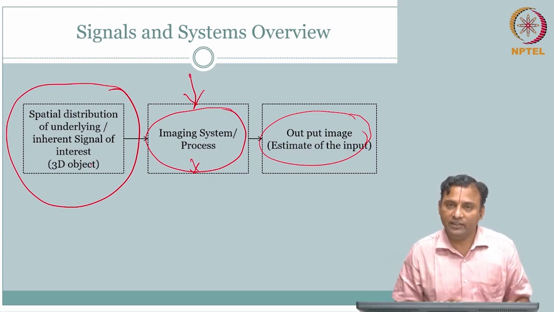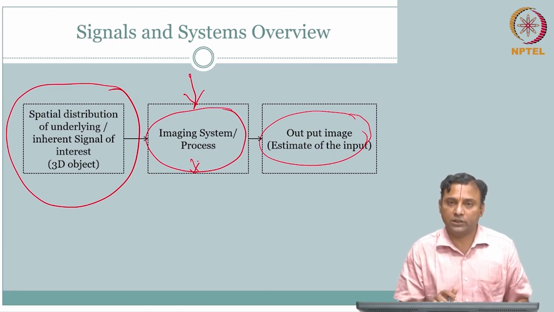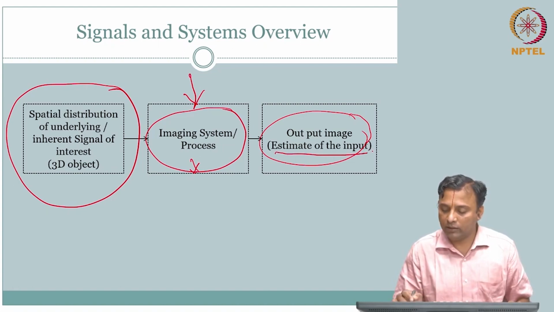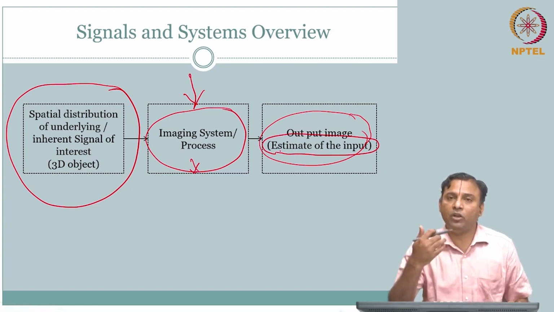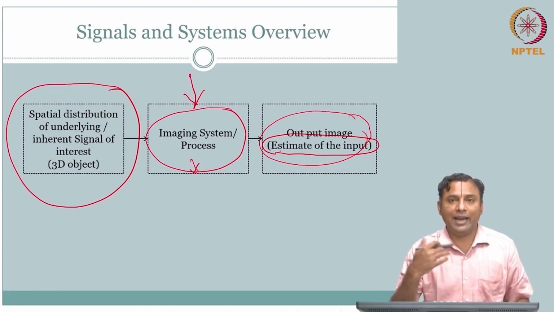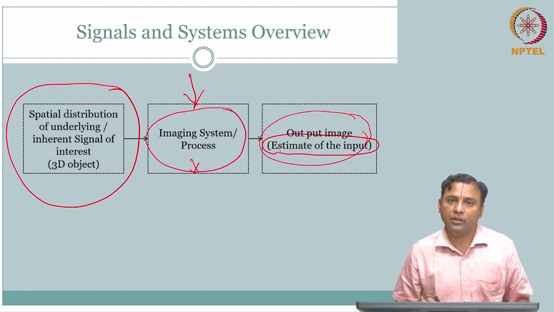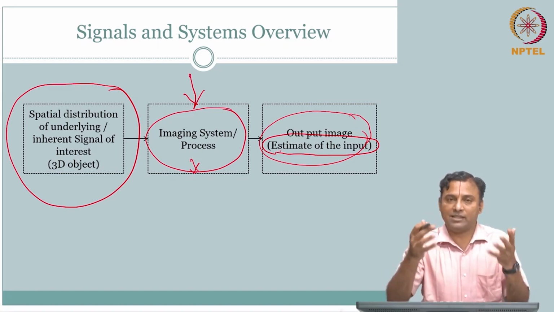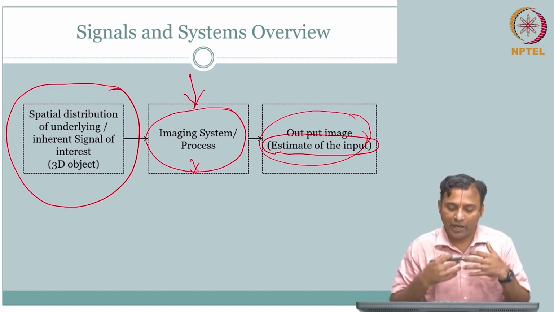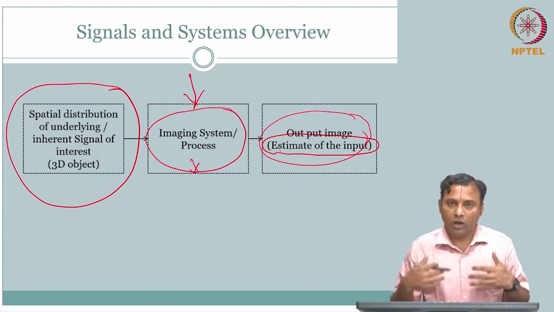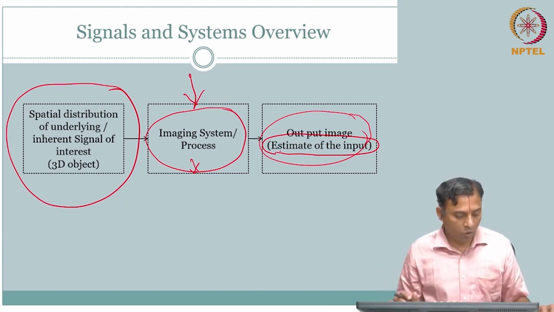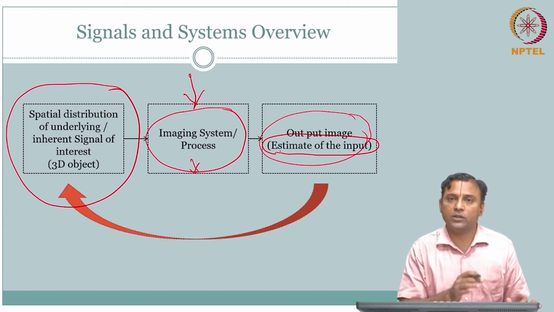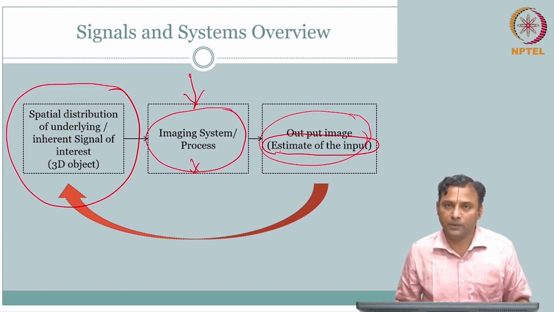We are interested in how closely the imaging system captures. The output is nothing but an estimate of the input. If you are seeing me on screen, that is an estimate of how I would look live. This camera system is capturing me, so I am the input, and the output is what you see. The output should be as close as possible to the input.